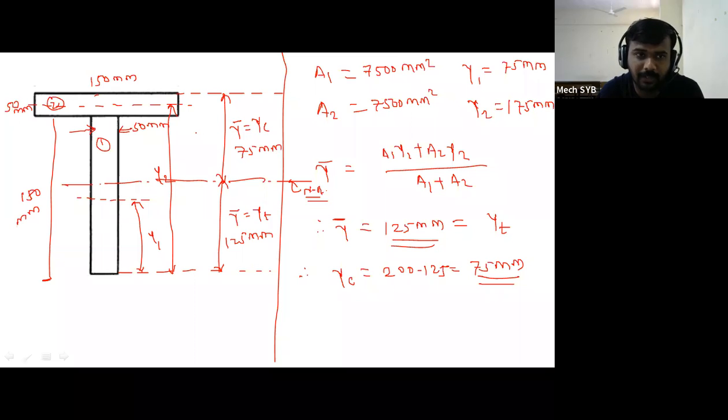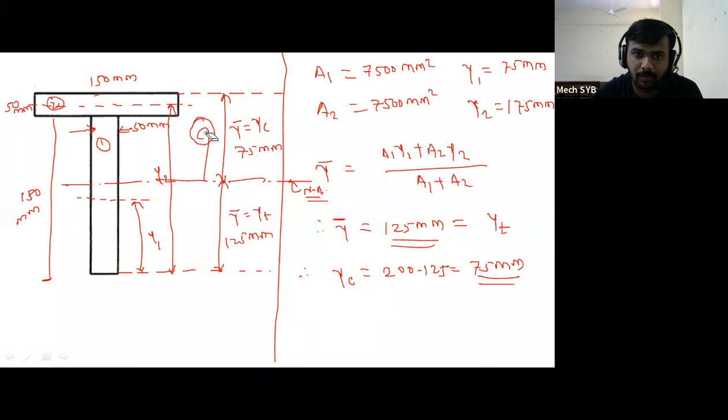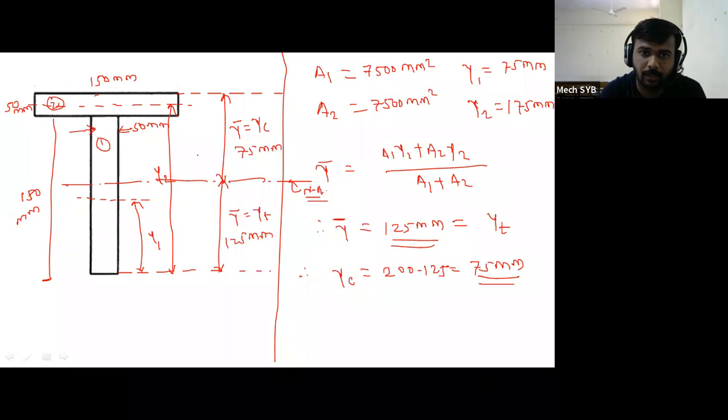Write here in big letters: this is your compression region.